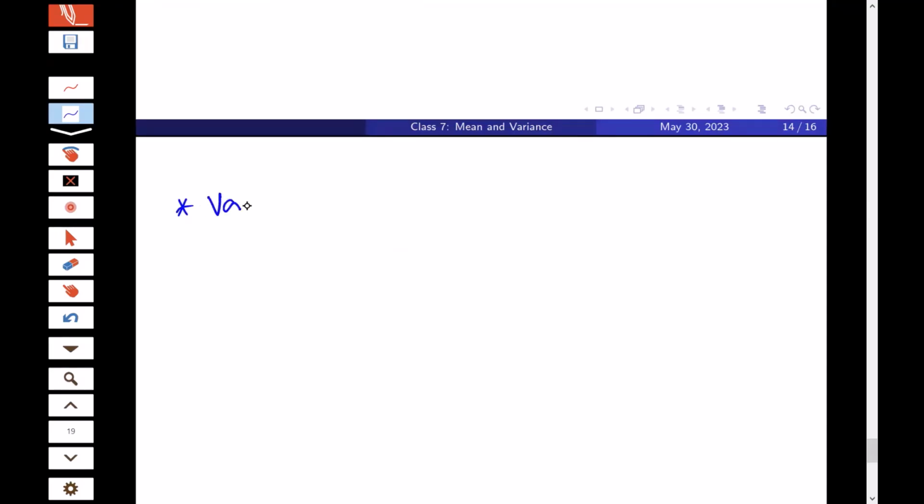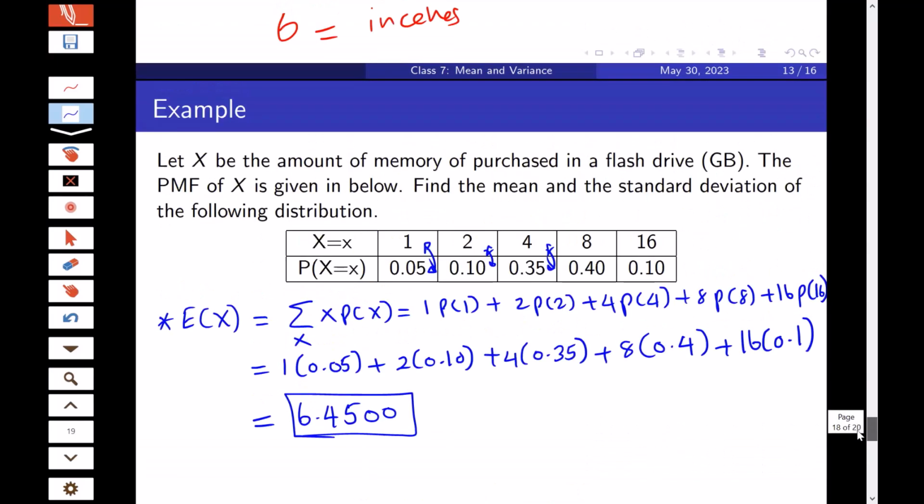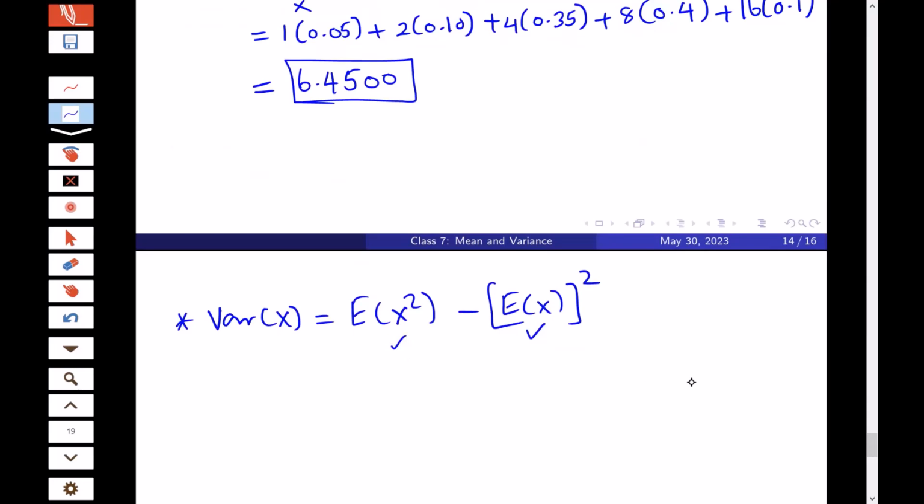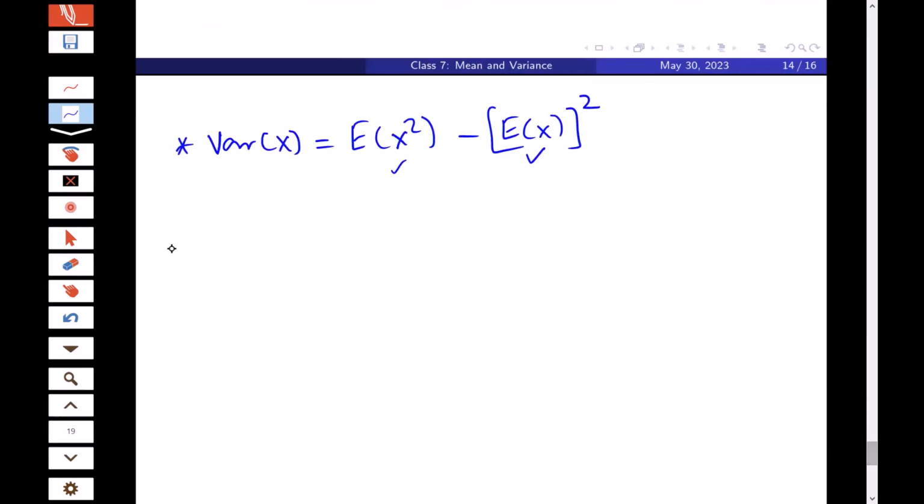So when finding the variance, I will use the simplified form, which is E(X square) minus E(X), everything squared. Okay, so this I already found in the previous slide. I only need to find this E(X square).